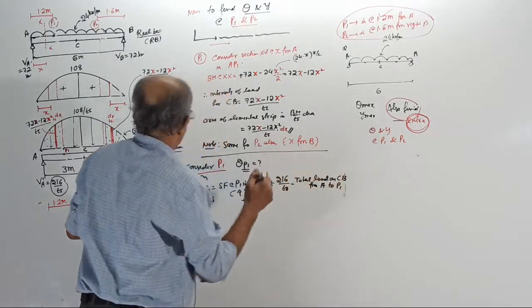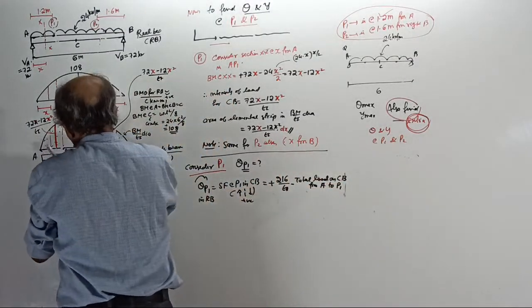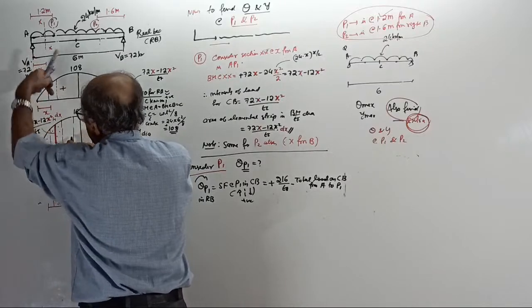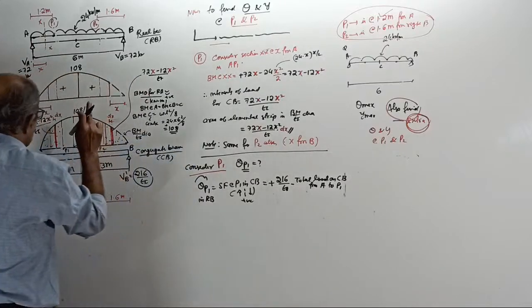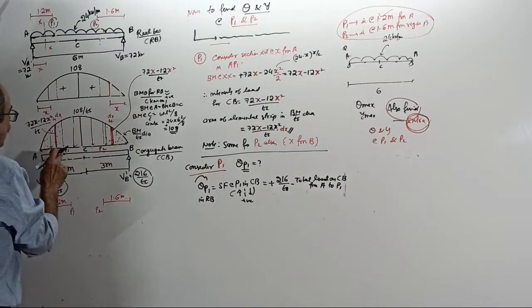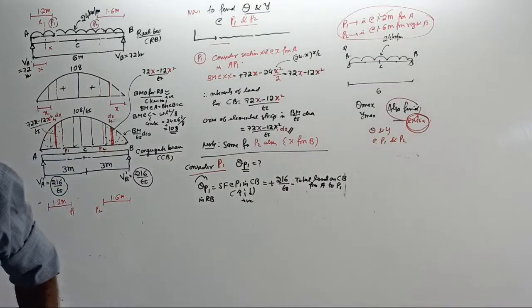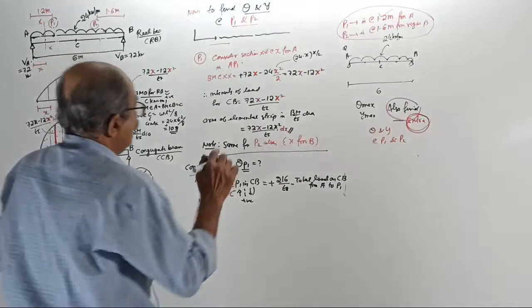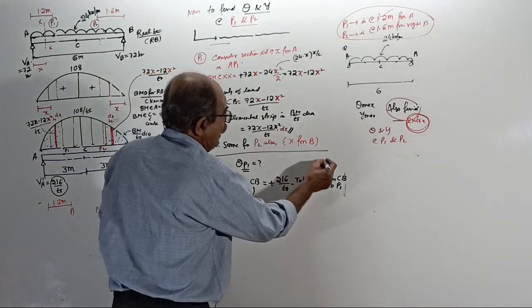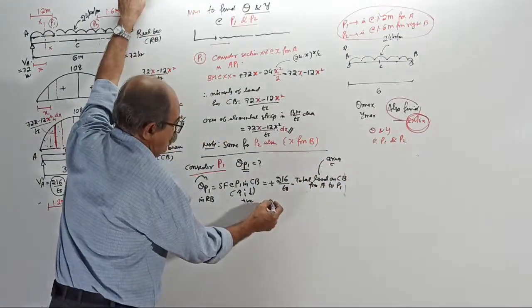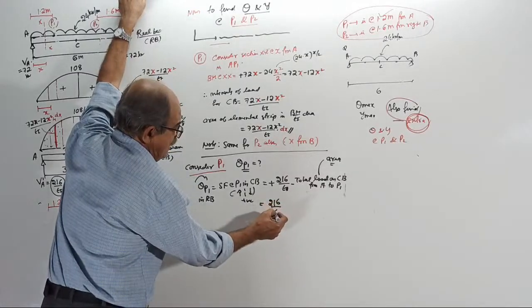Tell yes or no. See, shear force here at P1 point, shear force equal to plus 216 minus total load from A to P1 in conjugate beam. Correct? Okay. Now, you know that for conjugate beam, load equal to area. Therefore, equal to 216 by EI.